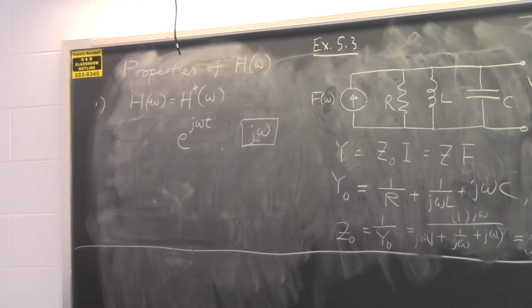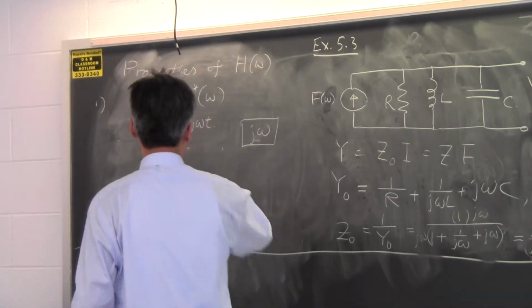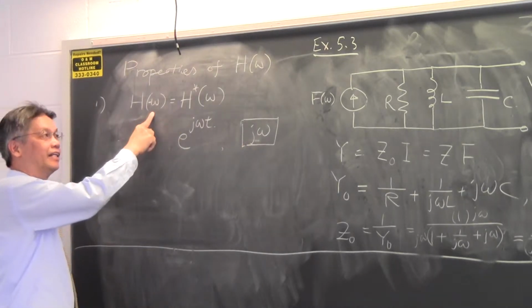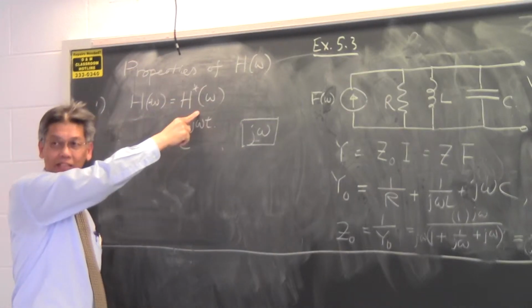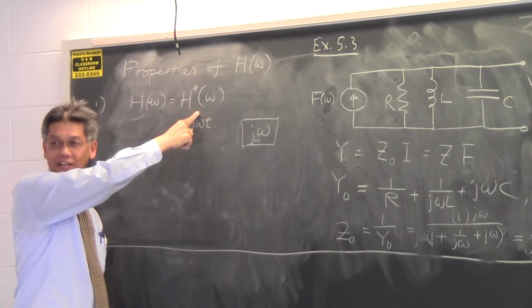Because if you trace the algebra, j would follow your way through, and if finally you get a Cartesian form, when you negate j, it's the same as finding the complex conjugation of that number. So if I negate j, it's the same as negating omega, it's the same as finding the complex conjugation of that function. Can everybody follow?